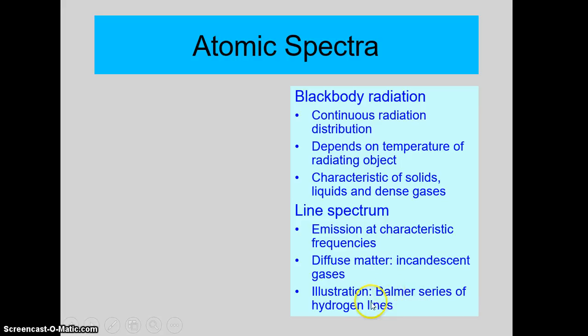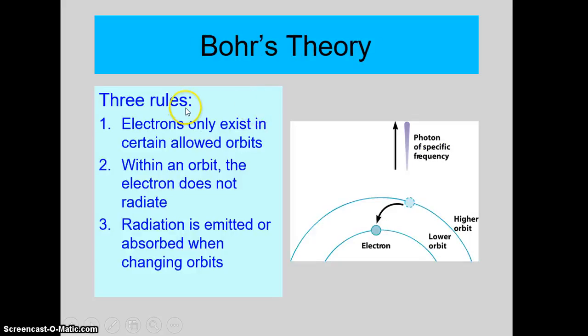This Balmer series for hydrogen. All right, and so here's what he said. He came up with these three rules: that the electrons only exist in certain allowed orbits. Later on, we're going to call these orbitals because they're not truly orbits the way a star goes around the sun. So there's only certain allowed ones, and we're going to find out why that is as well.